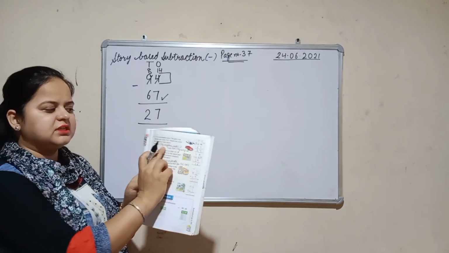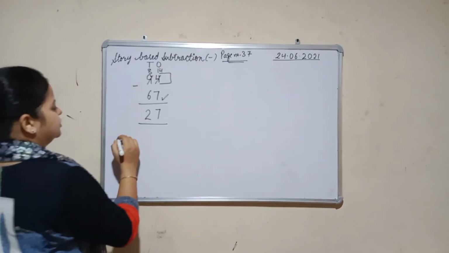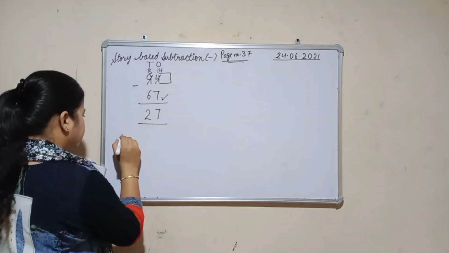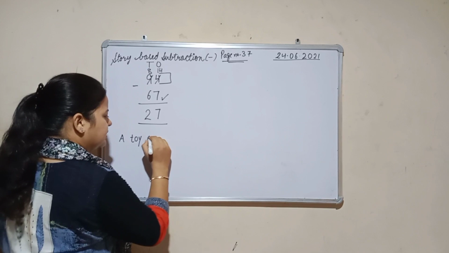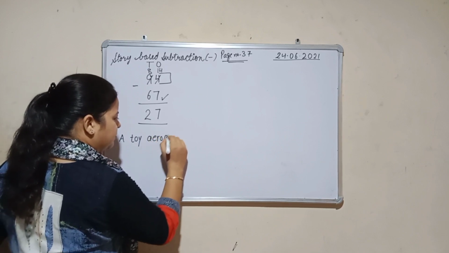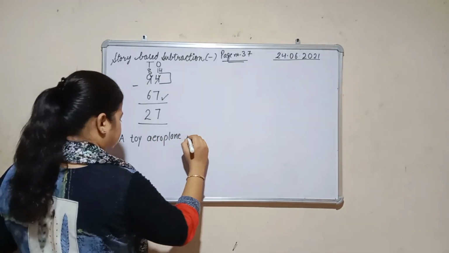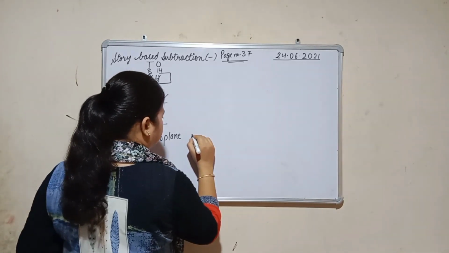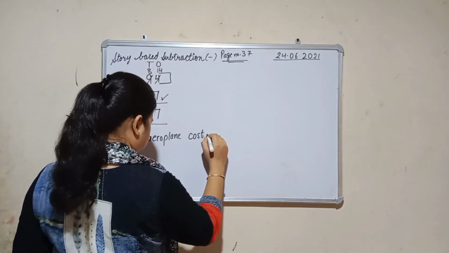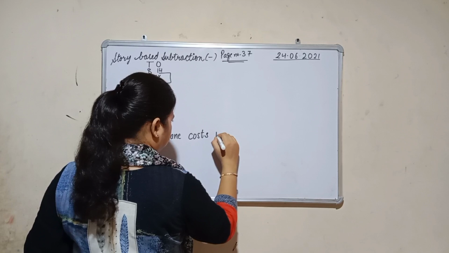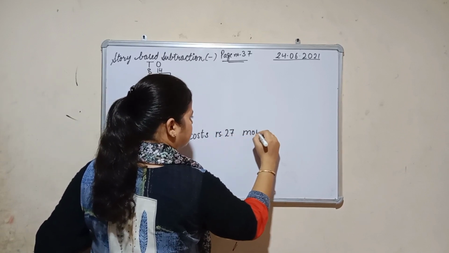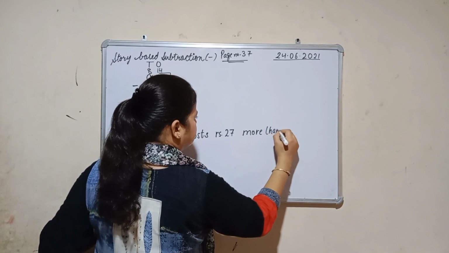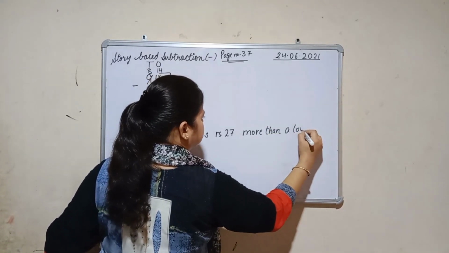Here we have given the space for the answer. So you have to write like this: A toy aeroplane costs ₹27 more than a toy racing car.